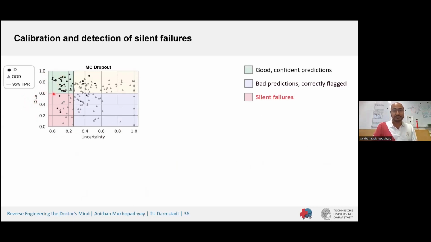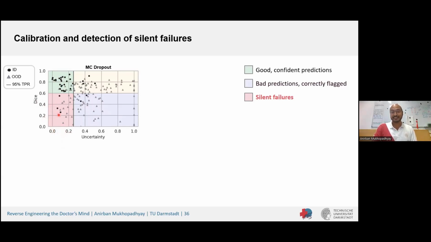So this green is basically the region where it's low in terms of uncertainty and high dice. So it's all good. In the blue region, it's bad performance, but we don't really care too much simply because it's correctly flagged as bad performance. This red, however, is the quadrant of silent failure, where you basically have low dice, but the uncertainty is quite low as well.